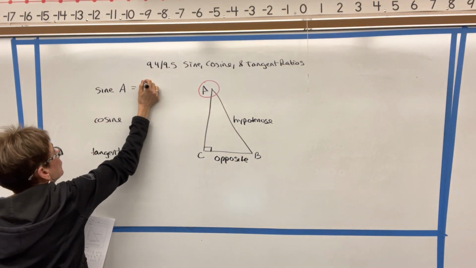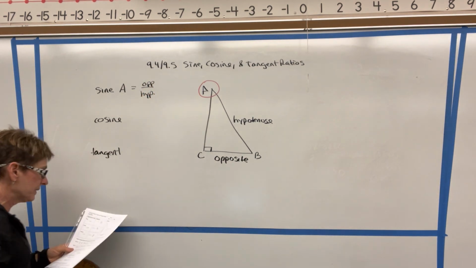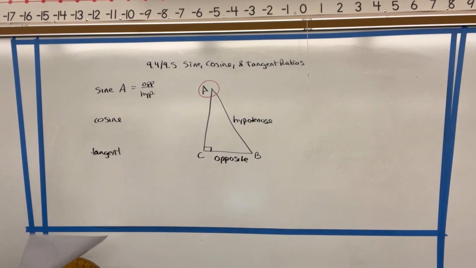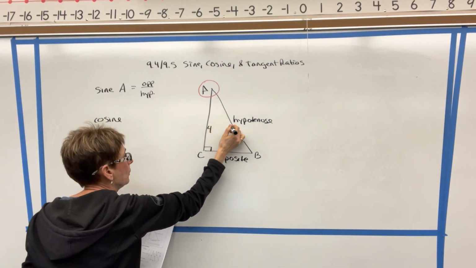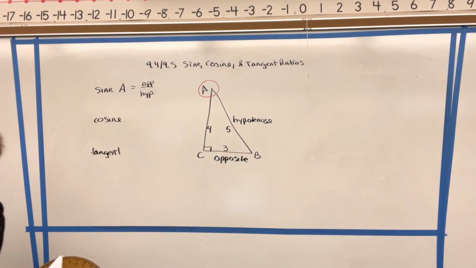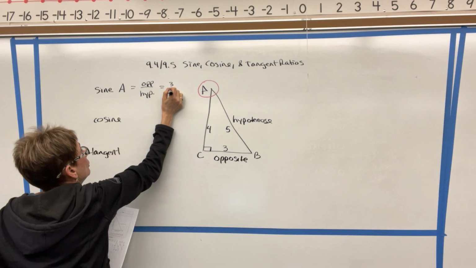Sine stands for opposite divided by hypotenuse. So let's say, for example, this side was 3, this side was 4, and this side was 5. The sine of angle A would be 3 over 5.